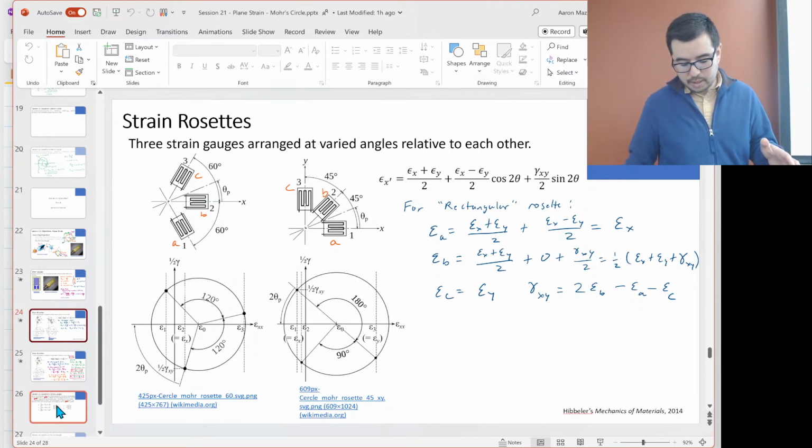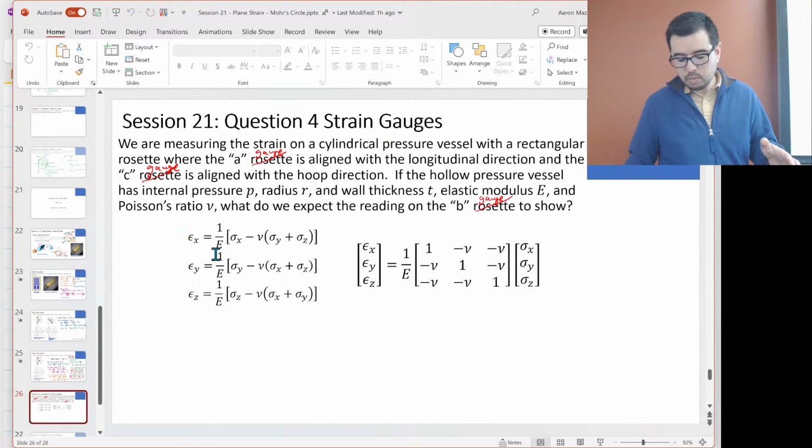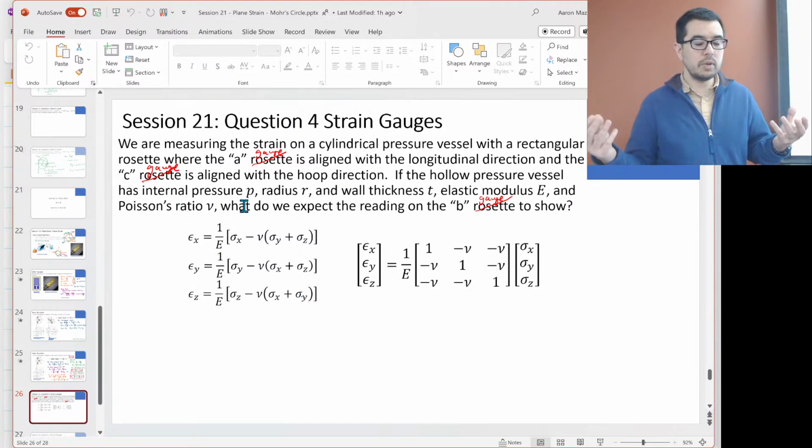To do that, what we want to do is figure out PR over T for the hoop stress, and PR over 2T for the longitudinal stress. And then we can plug those in here.